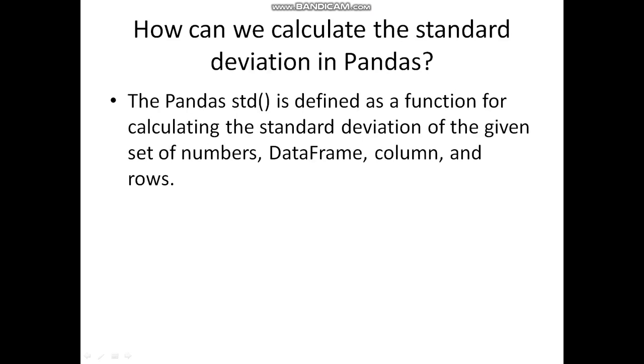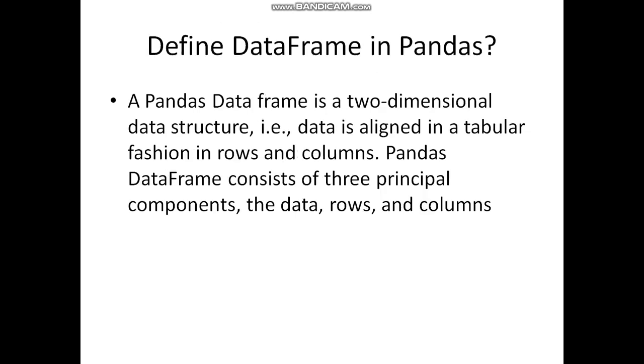The next question is, how can we calculate the standard deviation in pandas? The pandas standard deviation is defined using the function called std. It is used to calculate the standard deviation of a set of numbers, data frame, columns and rows.